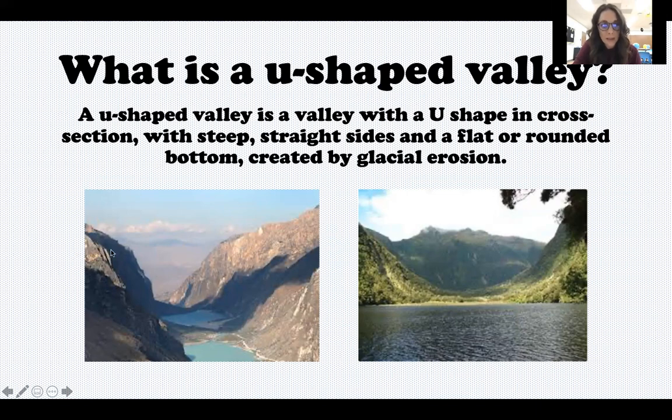So when you see a valley like right here that is U-shaped, instead of more V-shaped, that is your clue that it was created by a glacier. So U-shaped valleys are created as the glacier slowly moved across the land hundreds of thousands or millions of years ago, and moved or carried that sediment with it and left behind this U-shaped valley.